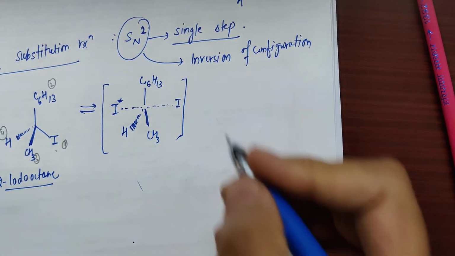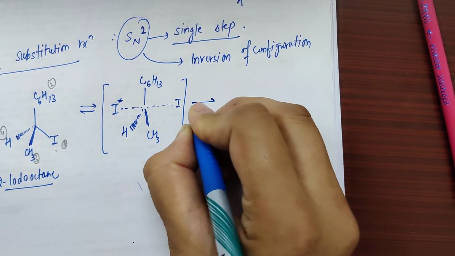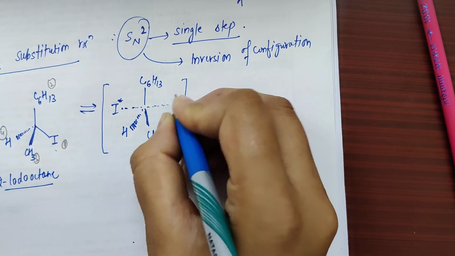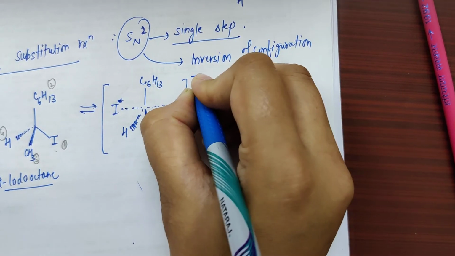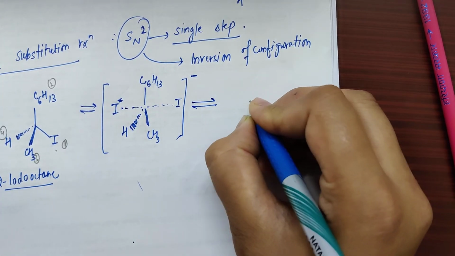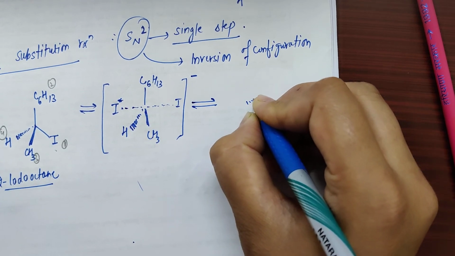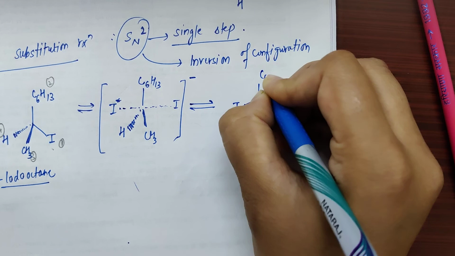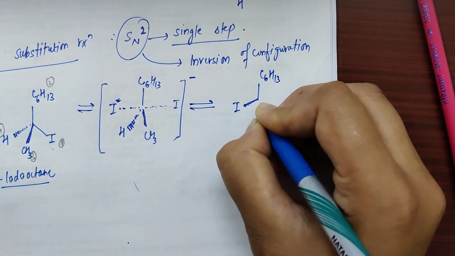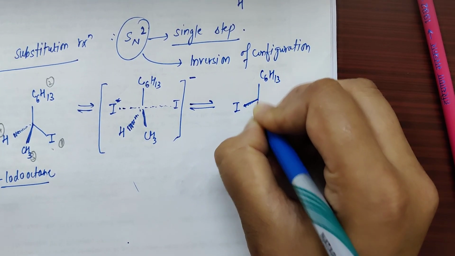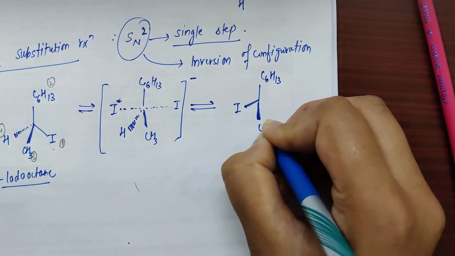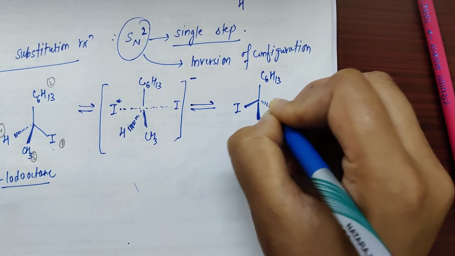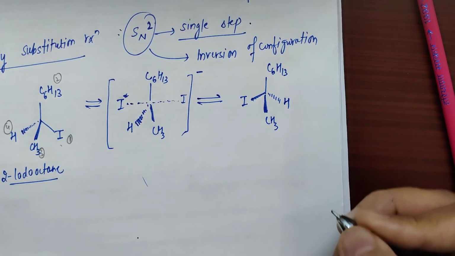So when this iodide is lost, you will obtain iodide here, C6H13 here, and your methyl group towards the viewer and your hydrogen away from the viewer.